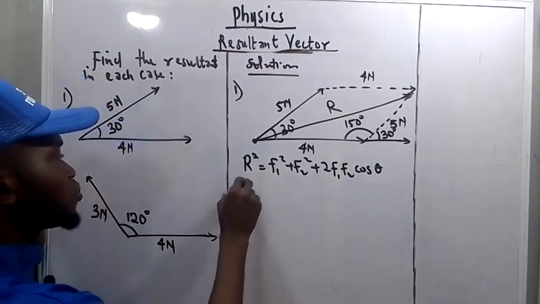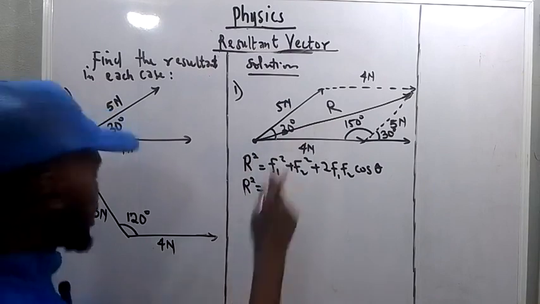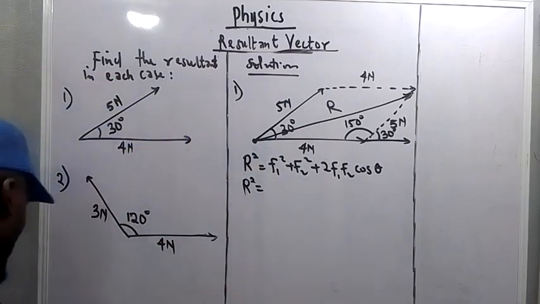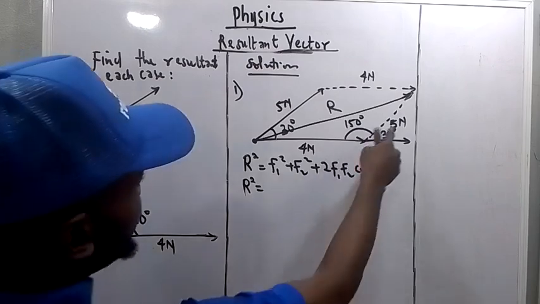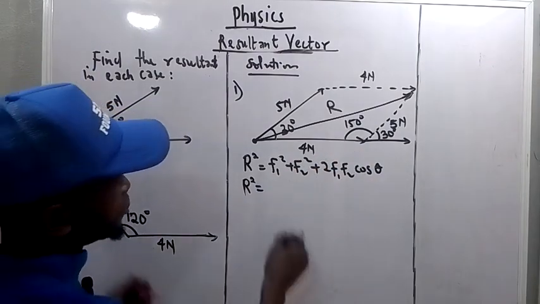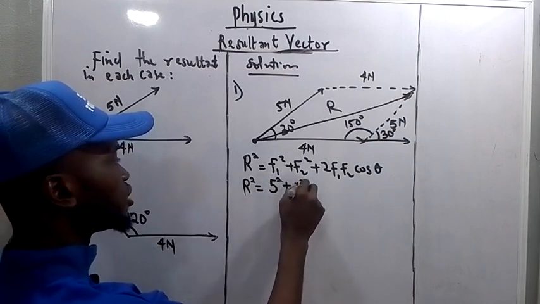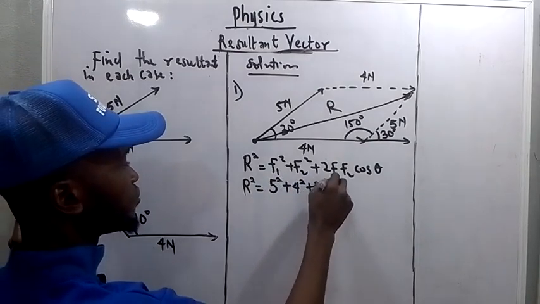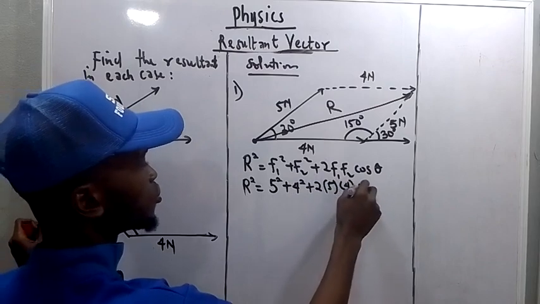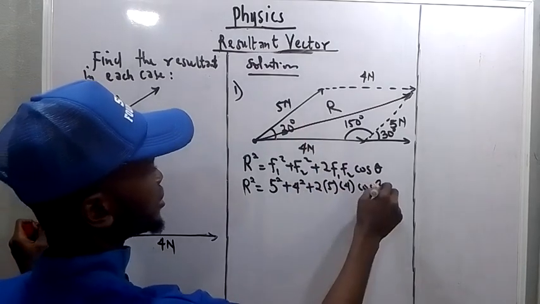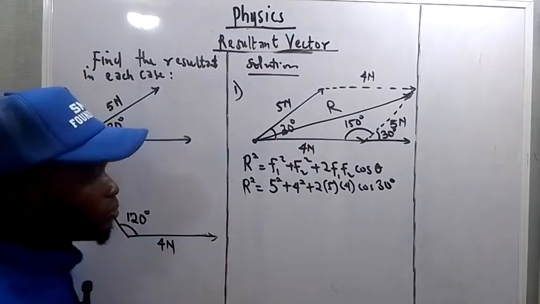Now R squared will be equal to, take anyone as F1 and take anyone as F2. So I want to take 5 Newton as F1 and 4 Newton as F2. So I will have 5 squared plus 4 squared plus 2 times 5 times 4 cos theta. My theta is 30 degrees. So let's compute.